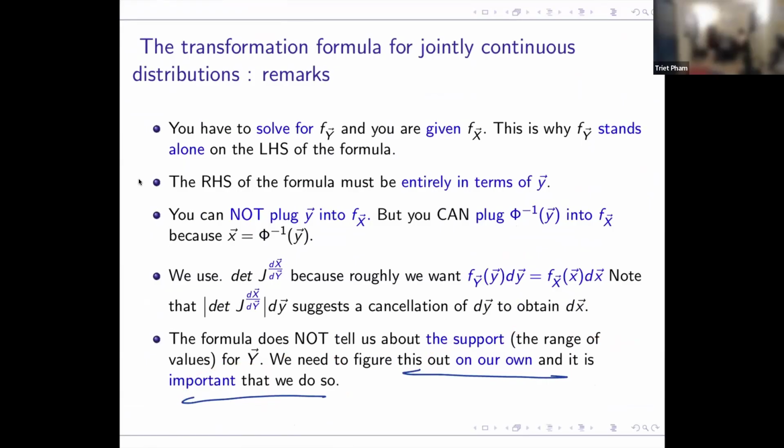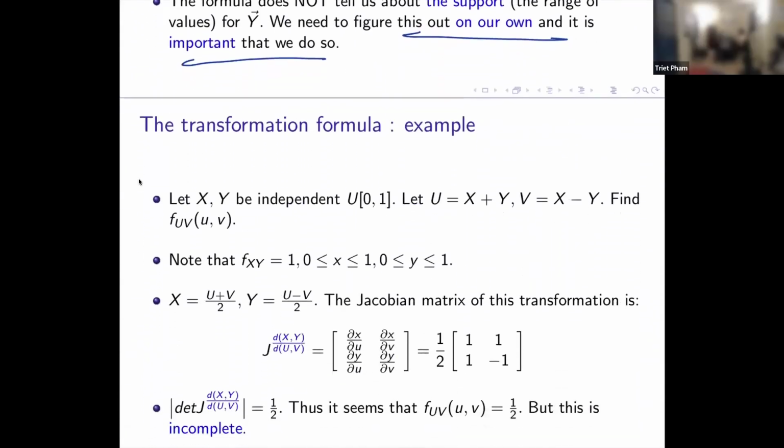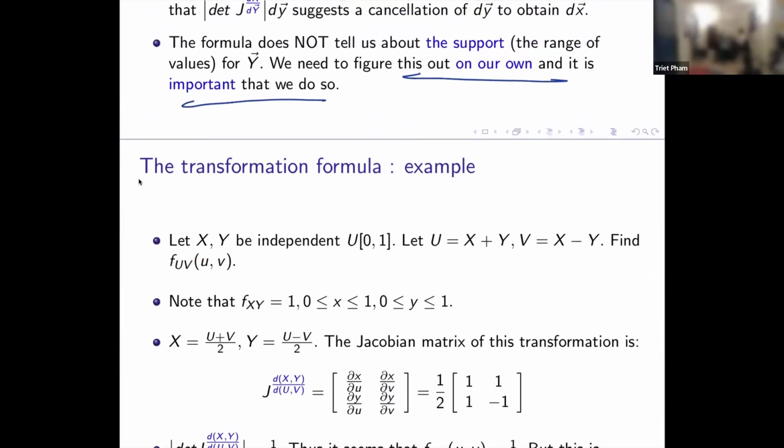All right, so let's take a look at some examples to see how our work pays off. Here we start out with independent variables on the unit square, and we do this map: X plus Y, X minus Y. First of all, any guess on what UV should look like if you do this?